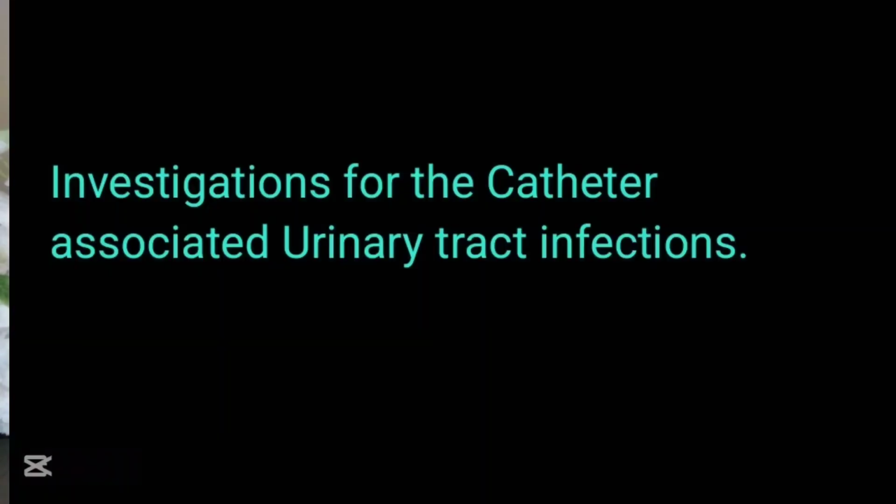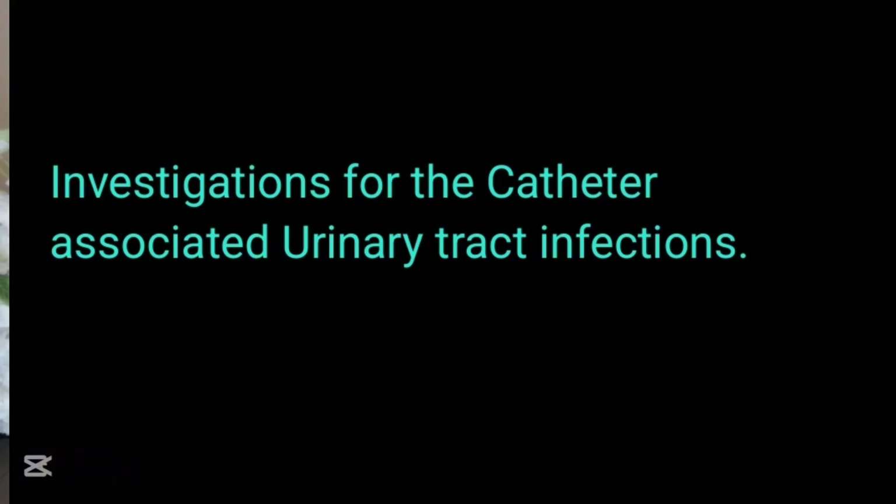The investigations that we carry out in catheter-associated urinary tract infections include a urine analysis. We can also do a urine culture. The samples for the urine analysis and the urine culture are taken from the midstream of the urine.